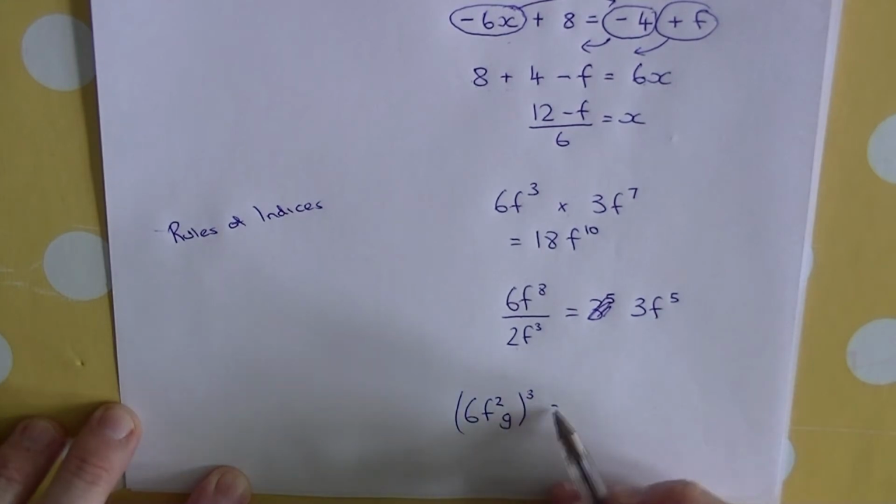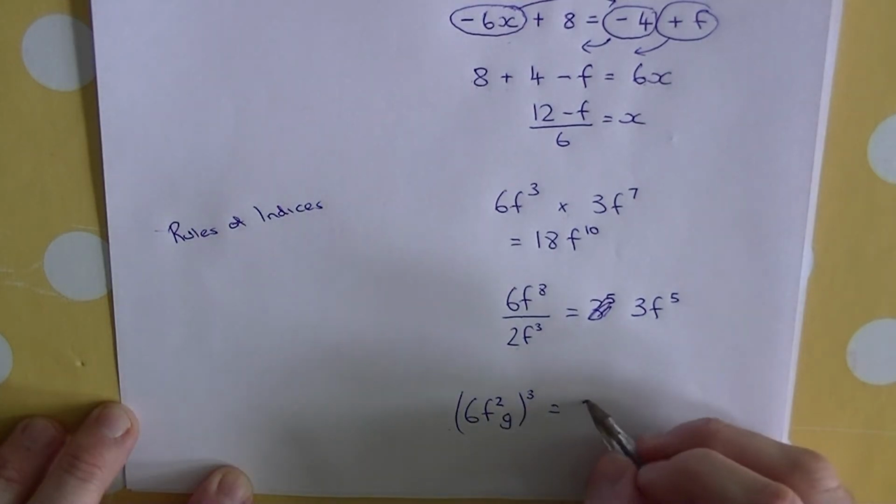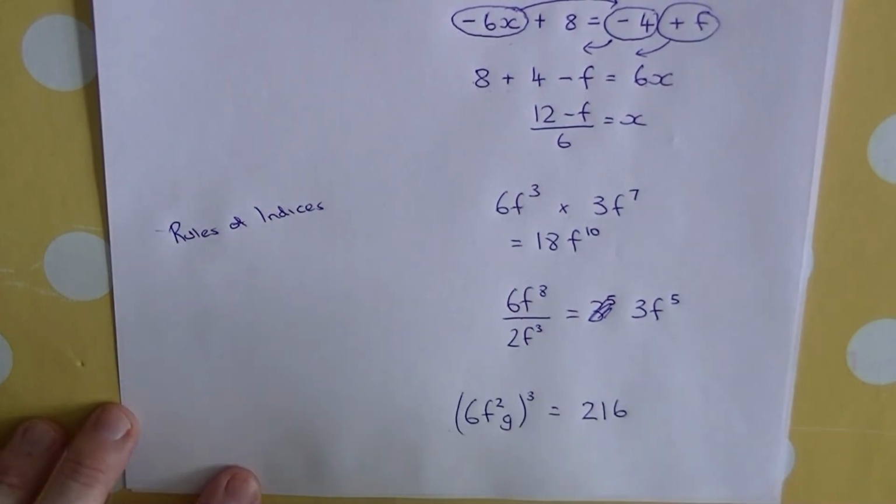And then the last one, a little bit unusual, but it is one you've seen before. If you've got a bracket raised to a power, everything inside that bracket, in this case, gets cubed. Okay, 6 cubed, to put myself under pressure here, is 6 times 6, which is 36, times 6 again, which I'm hoping is 216, correct me if I'm wrong.